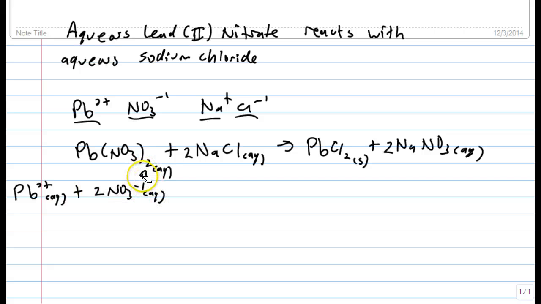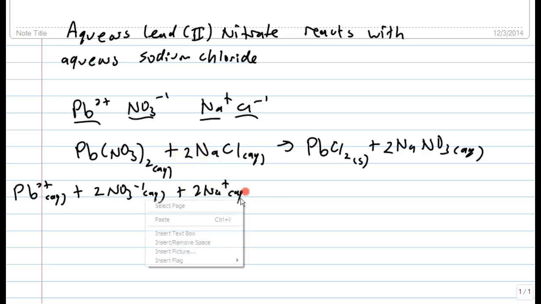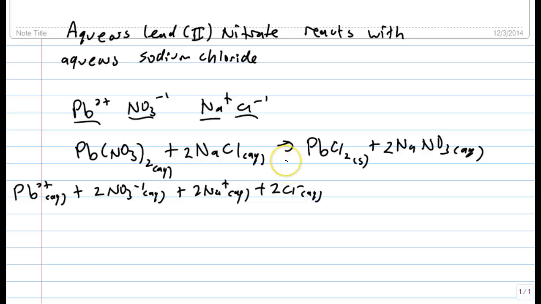Right? The little subscript 2 there means there's 2 nitrates. All dissolved. Watch out for this 2. This is 2 sodiums plus 2 chlorides. Once again, anything that's AQ, we're going to break it up.